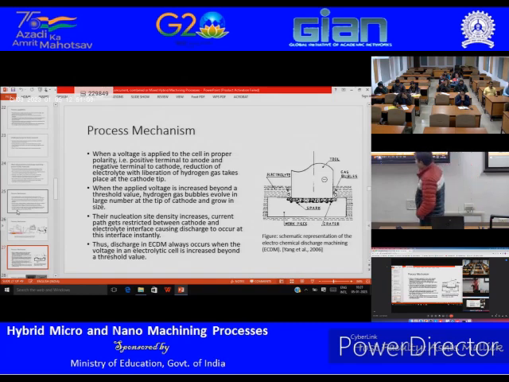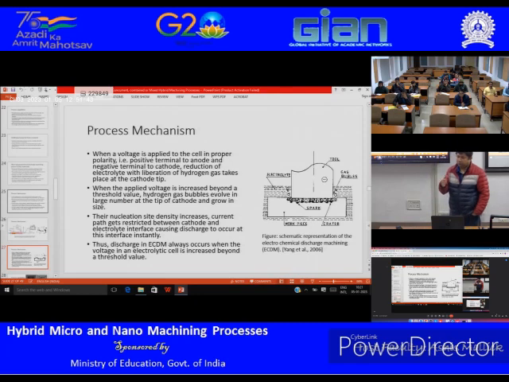So this line is very important when you are machining non-conductive material, right? It says the nucleation site density increases, and the current path gets restricted between the cathode and electrolyte interface, causing the discharge to occur at that interface. So that's the mechanism that helps to remove material in electrically non-conductive material. Okay, so that's the important phase. Thus, the discharge in ECDM always occurs when the voltage in the electrolyte cell is increased beyond the threshold value.